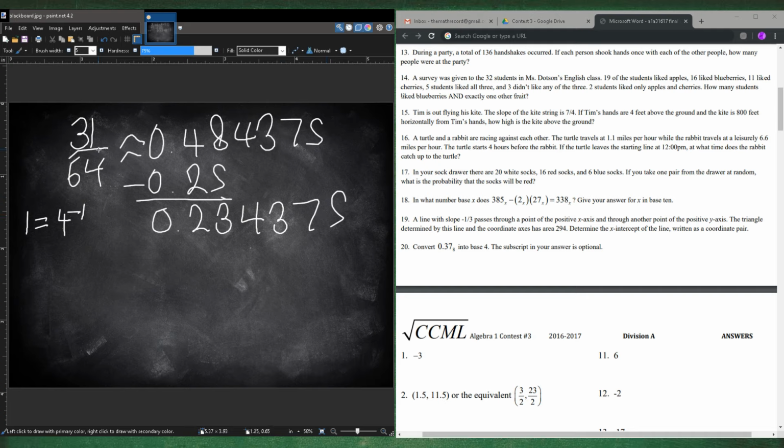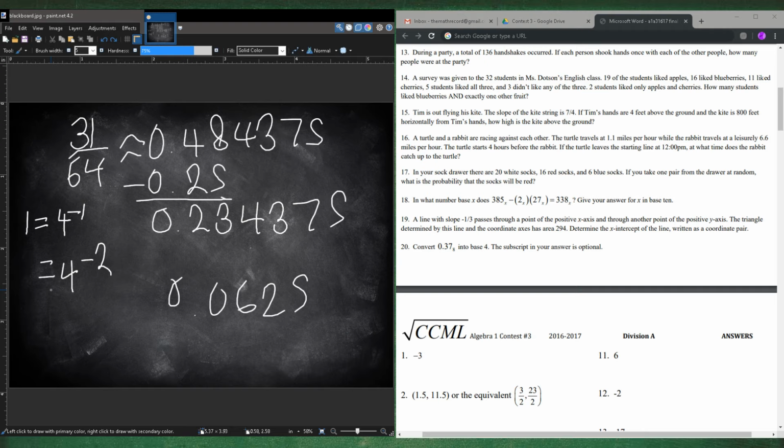So we get 0.234375. Now we have 4 to the negative 2, which is equal to 1 over 16. 1 divided by 16 in decimal is 0.0625. So what number can I multiply this by? It has to be less than 0.234375.